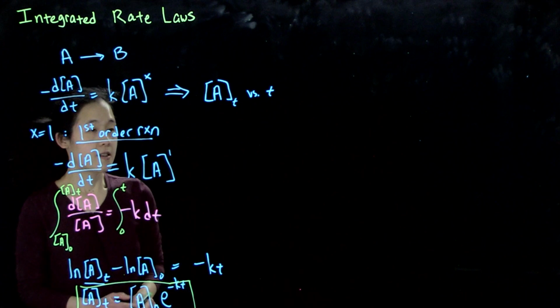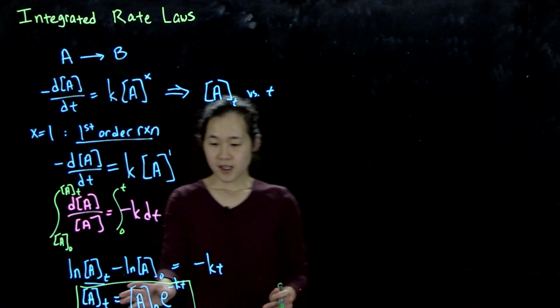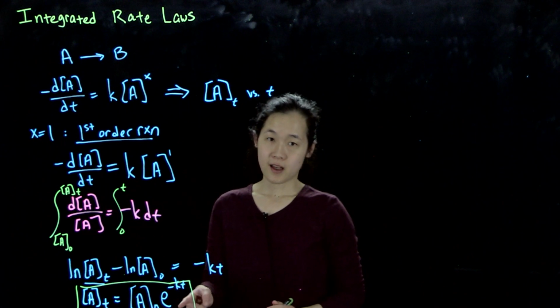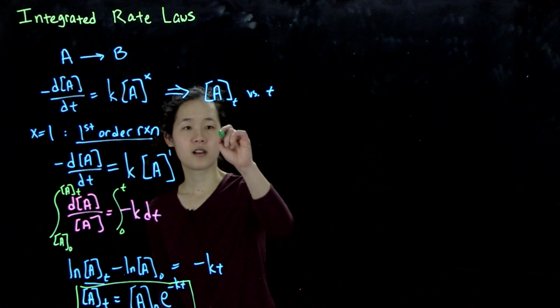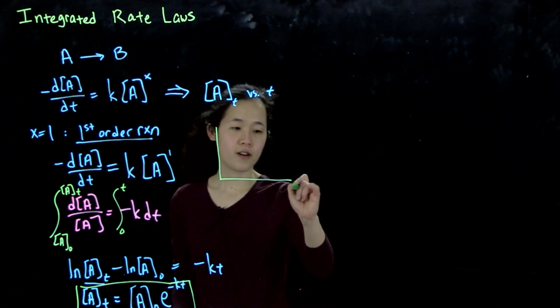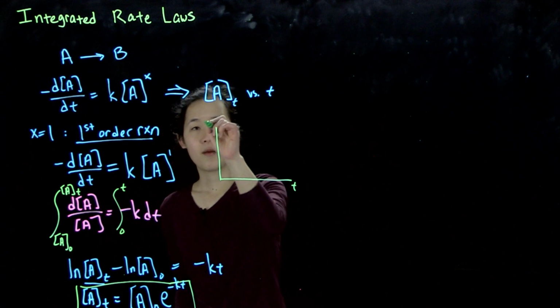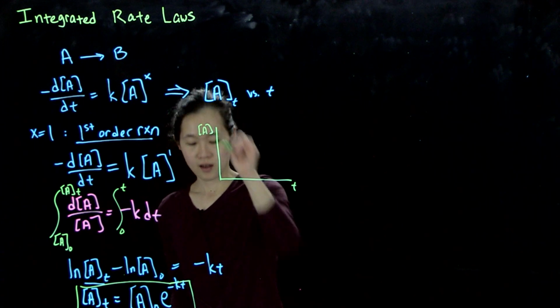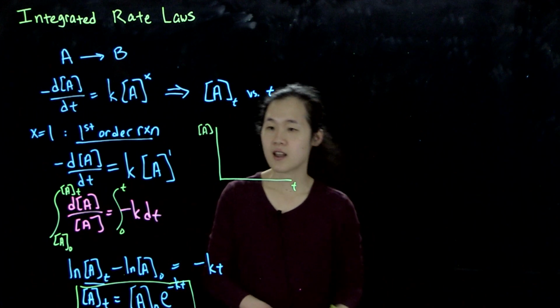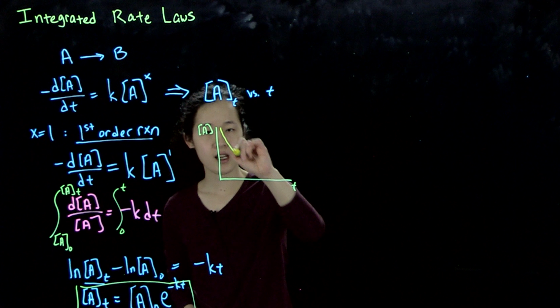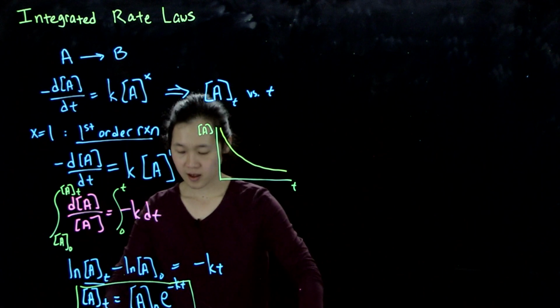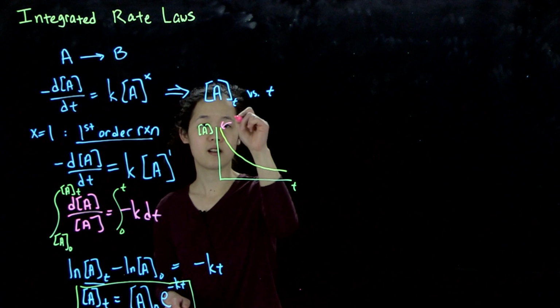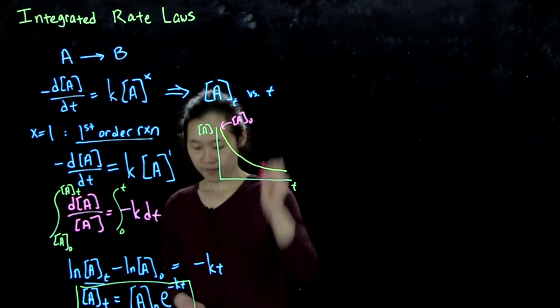Okay, so basically what this means is that you have an exponential fit for first order decay. So if we were to plot the concentration of A versus t, we would typically see some sort of exponential decay. And over here, this is A naught.